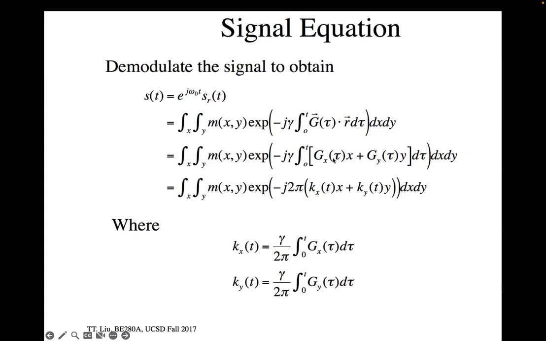And so for any time t, say we switch this gradient as a function of t, all we have to do is integrate up how much frequency difference there was during the application of that gradient pulse.